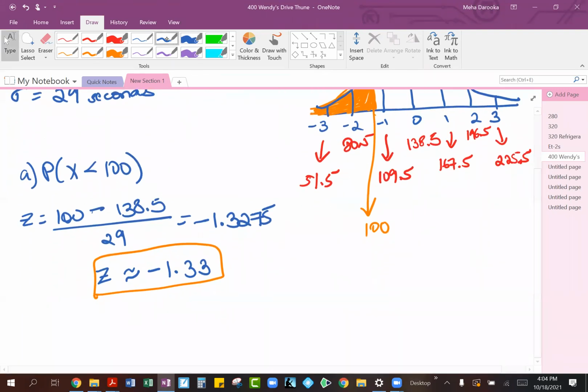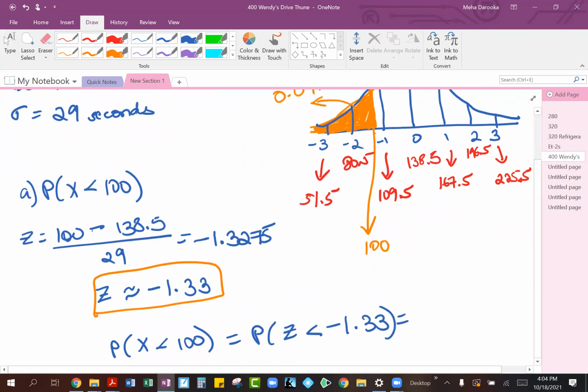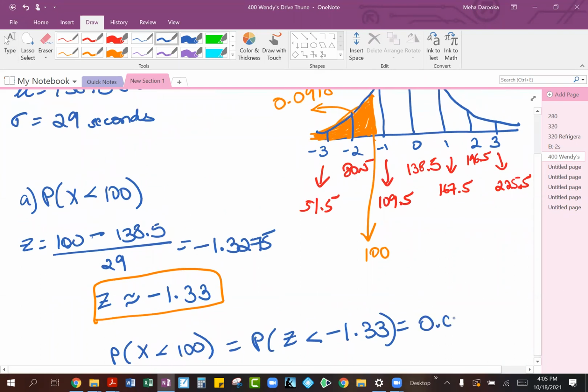And so in this case, you can say, okay, what's the probability that cars wait less than 100 seconds, which comes out to be a z-score of less than negative 1.33, and this is coming out to be 0.0918.